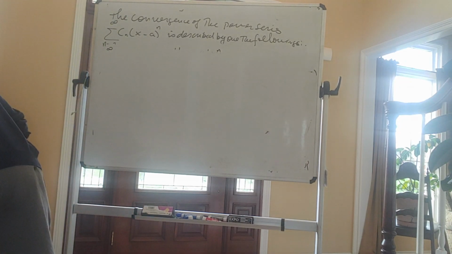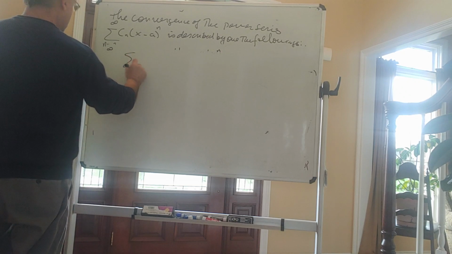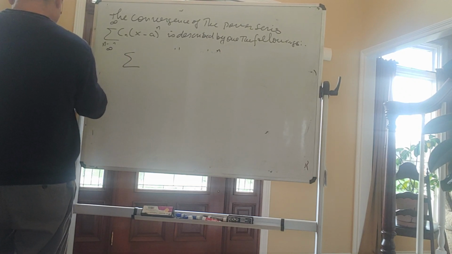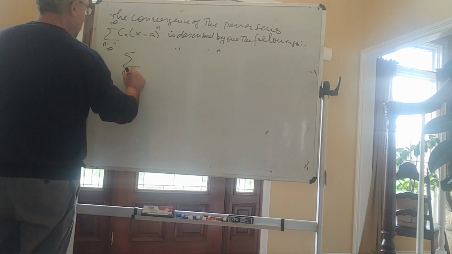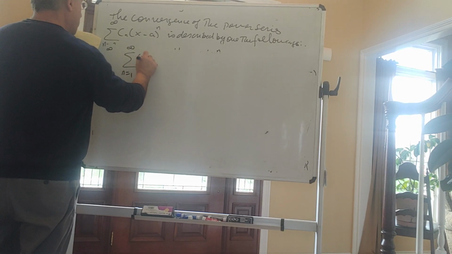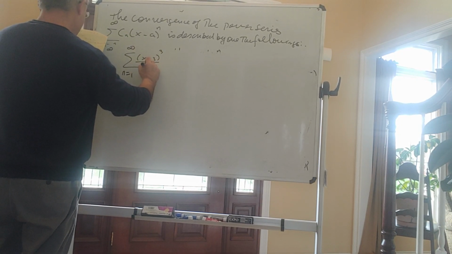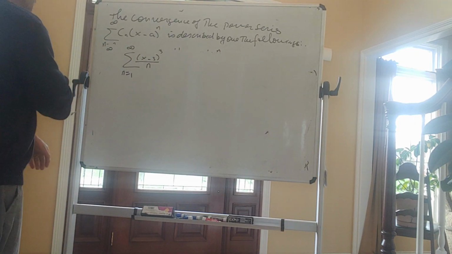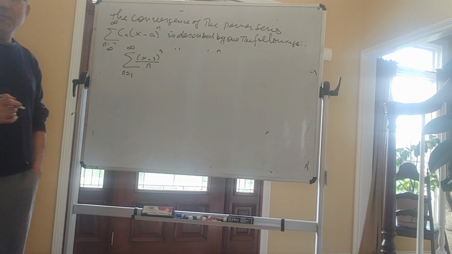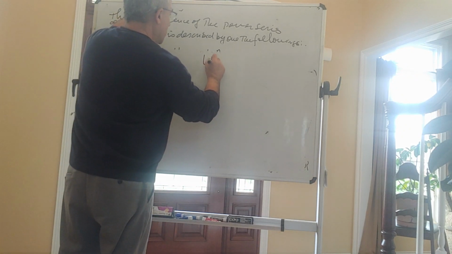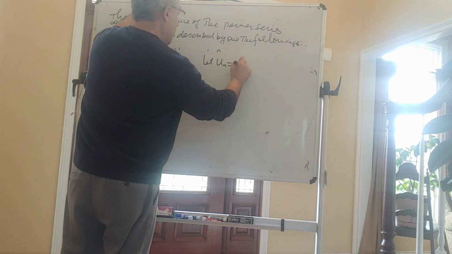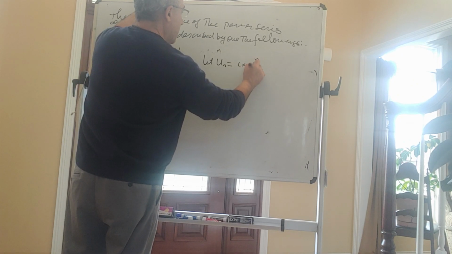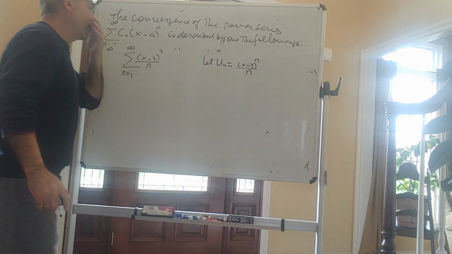Let's try another one. And this is going to be the sum from n equals 1 to infinity of (x minus 3)^n over n. The same thing we do. We will let u_n be (x minus 3)^n over n.